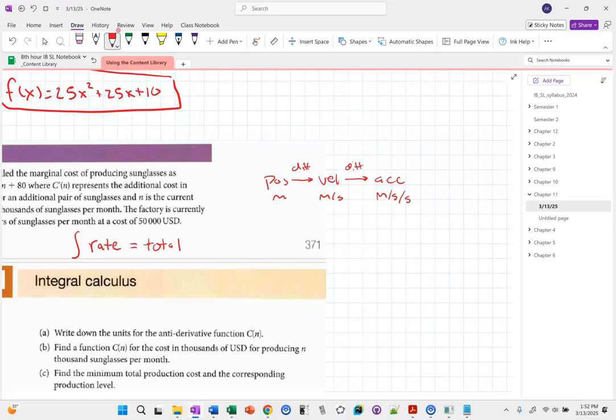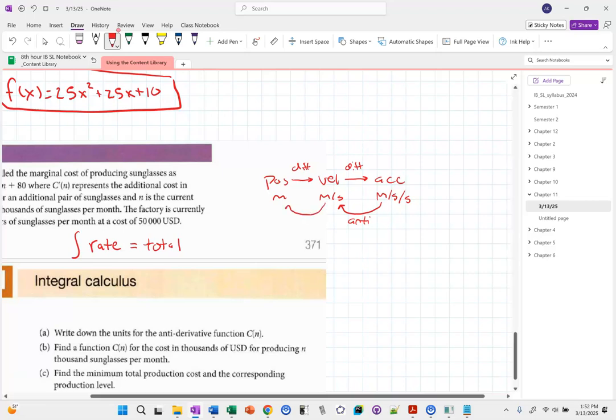Position, velocity, and acceleration were all derivatives of each other. The units for position would have been meters, velocity meters per second, acceleration meters per second per second. That means that if I'm doing the antiderivative, if I was in meters per second, I lose one of those pers. If I go from meters per second and I anti-differentiate, I'm going to end up in meters. Everybody's okay with that idea?